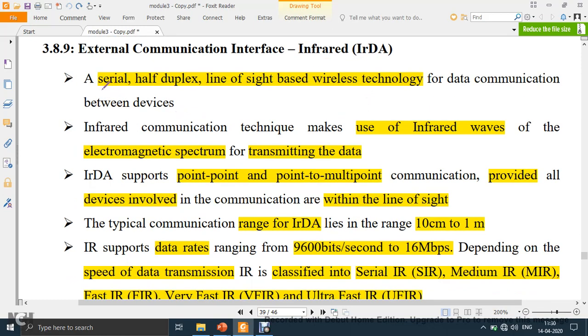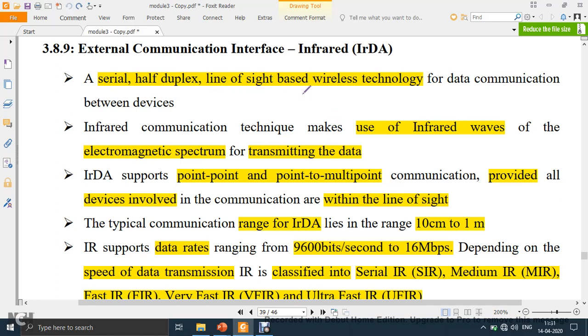It is serial, half duplex, line of sight. This is very important. Half duplex means one-way communication is possible at any given point of time, so no two-way communication simultaneously. And it is line of sight. What do you mean by line of sight?